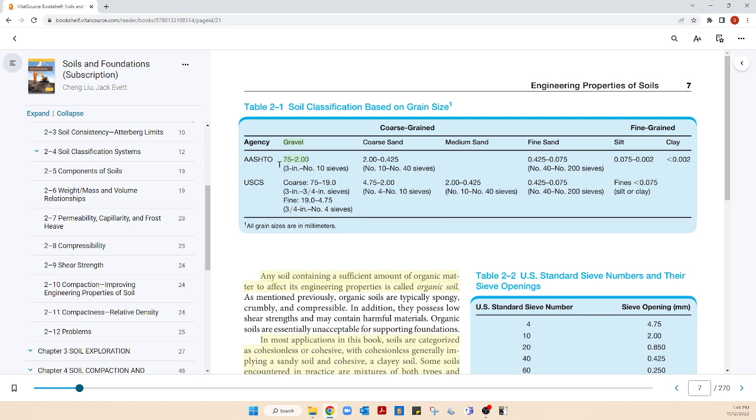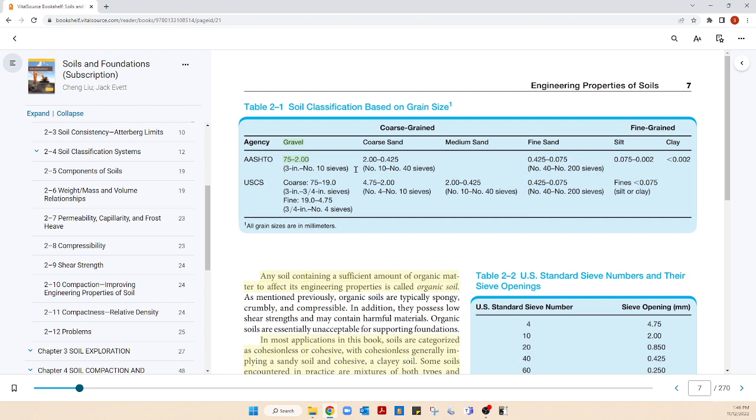So the 3-inch passes that, but it's retained here on a 2 millimeter. 2 millimeter is a number 10 sieve, and that's AASHTO. Now I can kind of say that better than I can do it this way.